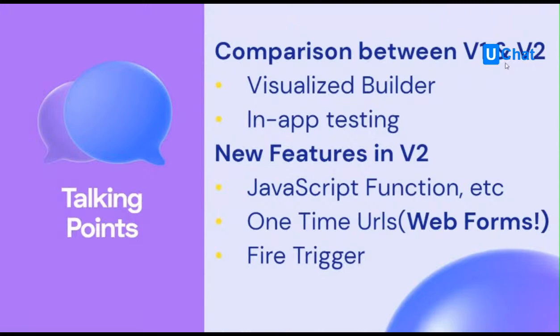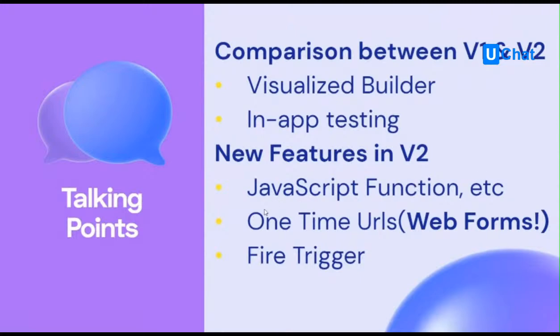RezoPay is one of the most popular payment gateways in India, and today again we are building RezoPay but in version 2, so that we can have a comparison between version 1 and 2. And the second part, I'm going to show you some new features added in version 2, including external requests, JavaScript function, file trigger, and etc.